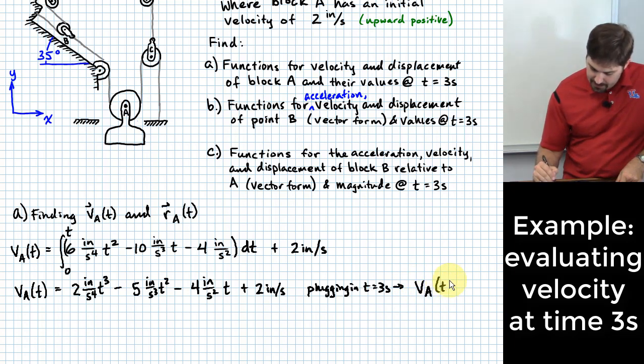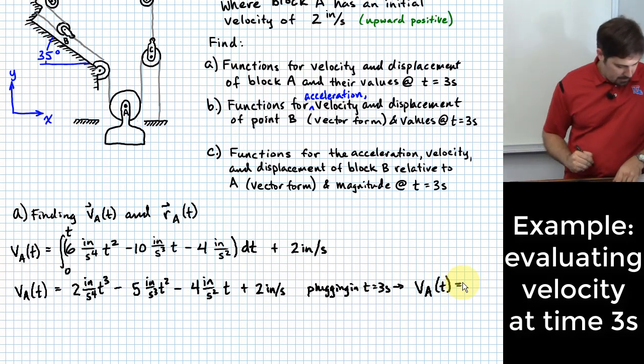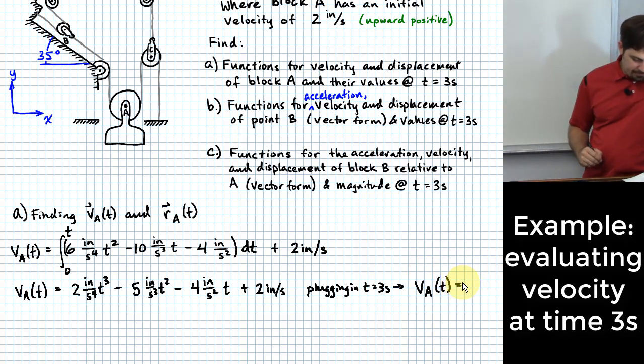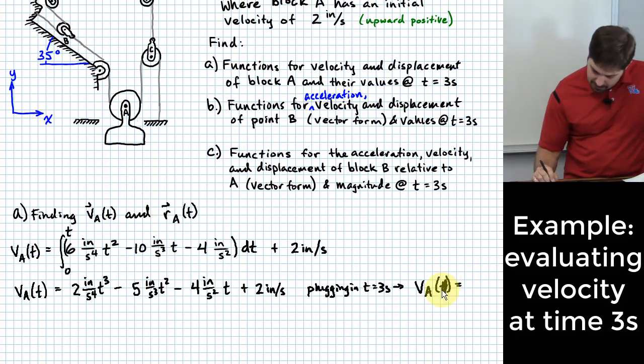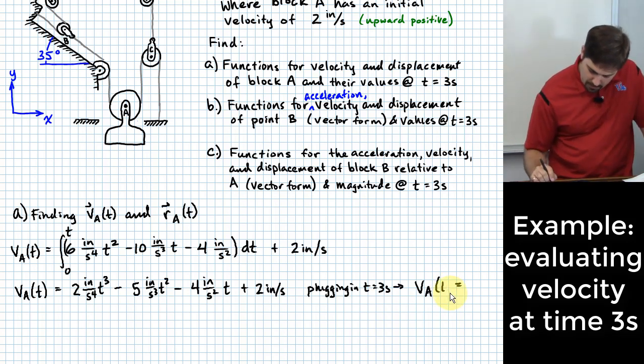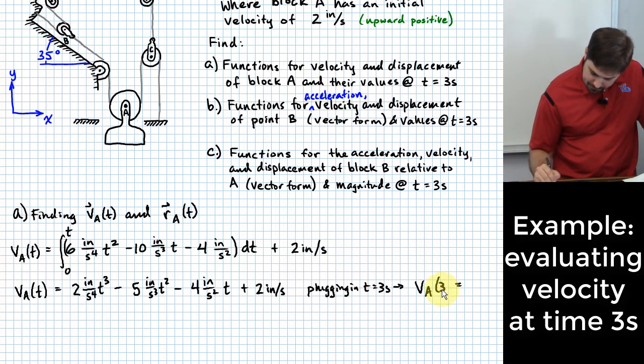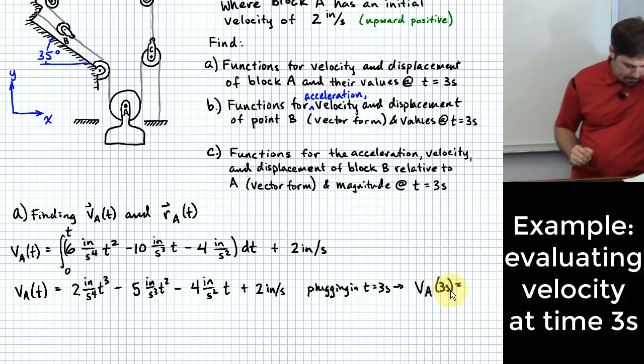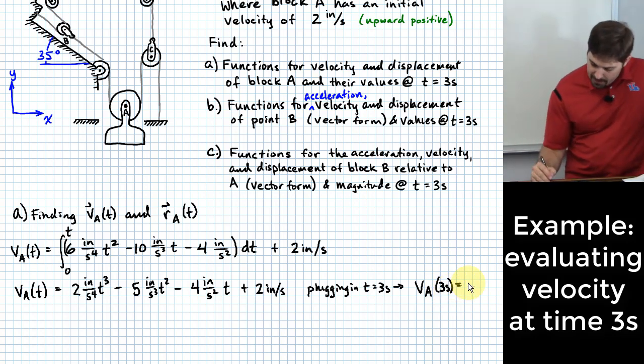V of A at t equals 3 seconds turns out to be -1 inch per second.